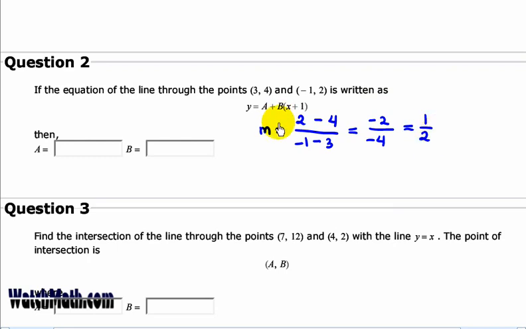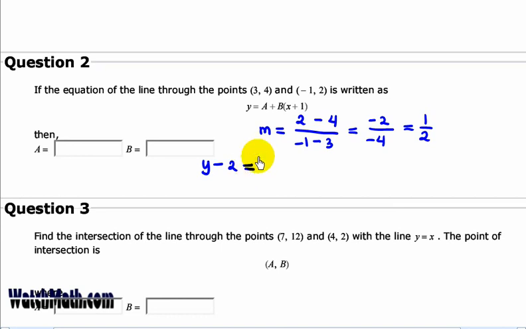Once we get the slope, then we can use the point slope formula. We can take any of these points, but since this is of the form x plus 1, it is suggested that we take this point. By using the point slope formula, the equation of the line should be y minus the y coordinate of that point equals slope times x minus the x coordinate.